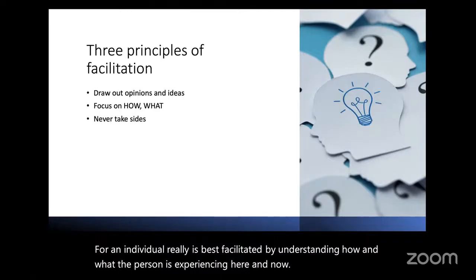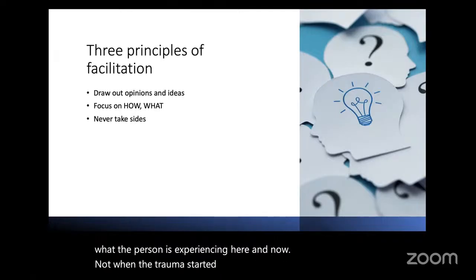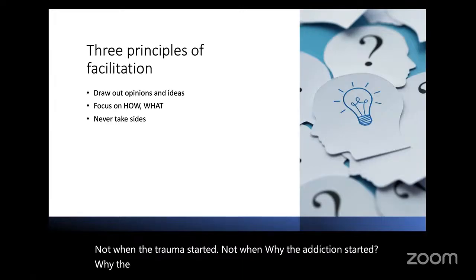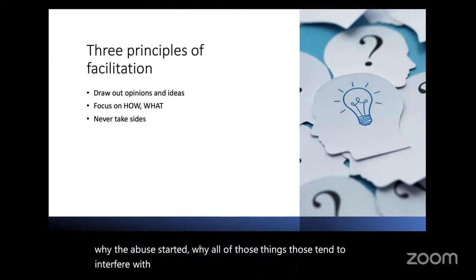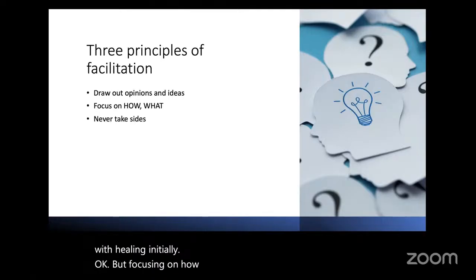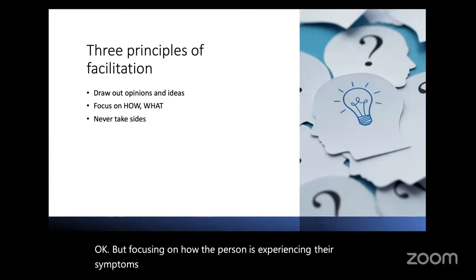Not when the trauma started, not why the addiction started, why the abuse started, why all of those things. Those tend to interfere with healing initially. Okay. But focusing on how the person is experiencing their symptoms or trauma here and now, at the age and place that they're at, tends to facilitate healing much quicker.